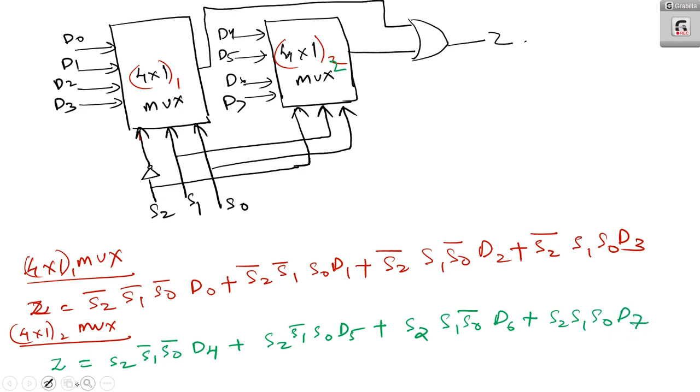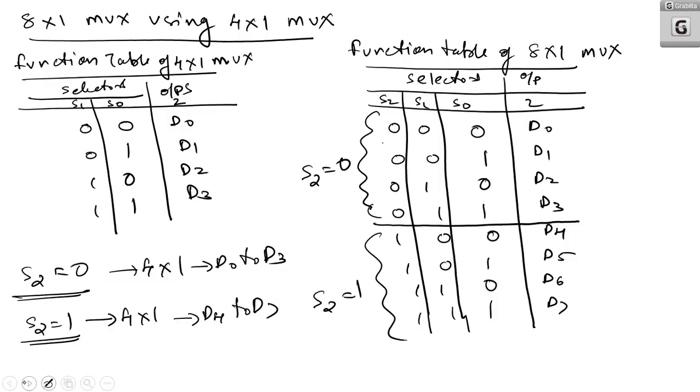Now if you are having an 8x1 mux, it is basically the combination of these two expressions. That means you should OR the output of the first 4x1 mux and the output of the second 4x1 mux. Okay, so hope you have understood the concept of realizing an 8x1 mux using 4x1 mux.